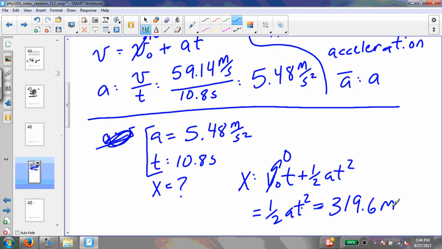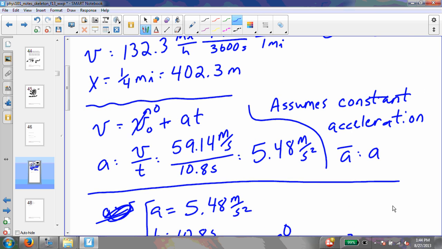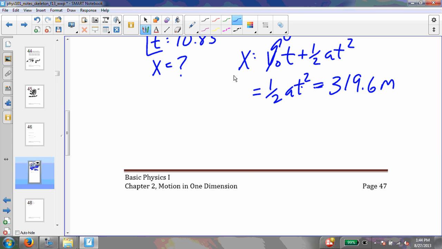Now notice that this distance, 319.6, is quite a bit smaller than the actual distance that the car drives. So what jives here? Well, we're assuming a constant acceleration, but the fact is that the car probably is not accelerating at the same rate all the time.